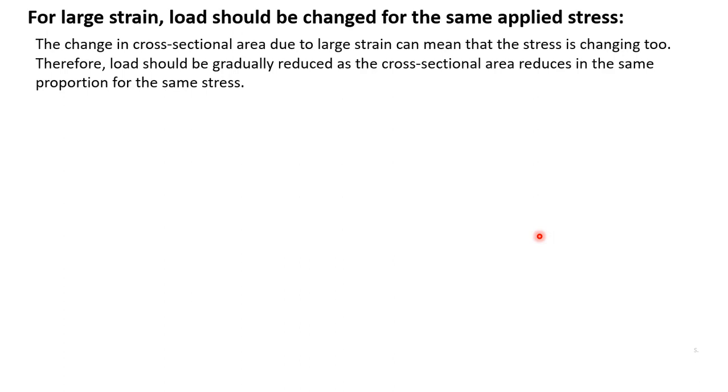Another point is, for large strain, load should be changed for the same applied stress. Change in cross-sectional area due to large strain can mean that the stress is changing too. Therefore, load should be gradually reduced as the cross-sectional area reduces in the same proportion for the same stress.